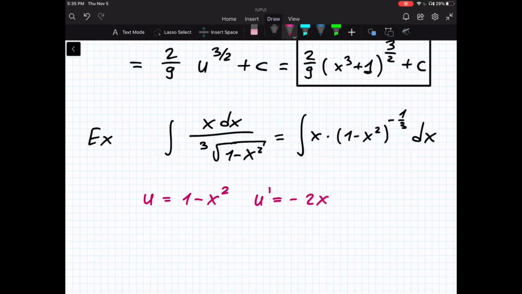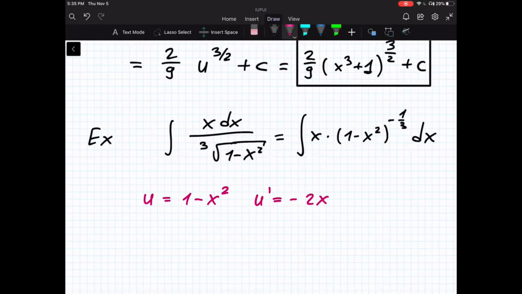But unfortunately, the general power formula doesn't always work. So consider the following example: integral dx over square root of 1 minus x squared. I can write it as integral of 1 minus x squared to the power minus 1/2 times dx. And if we try to choose u as 1 minus x squared, then indeed we'll get u to the power minus 1/2.